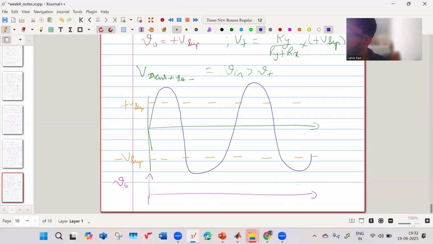So this blue is my input, right? When my input goes above this point, this is my plus V supply, minus V supply. And there will be some points known as V threshold upper and V threshold lower.